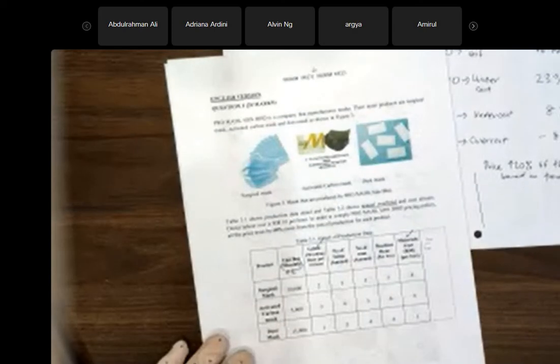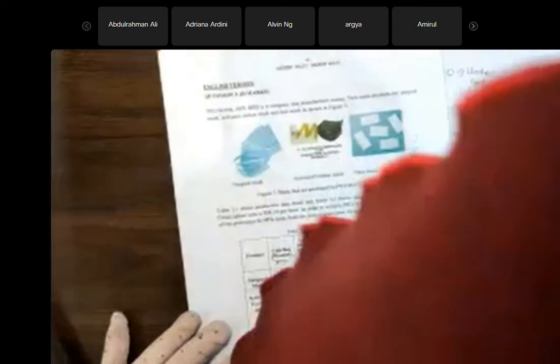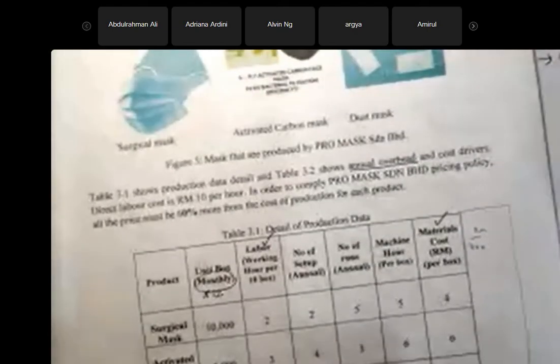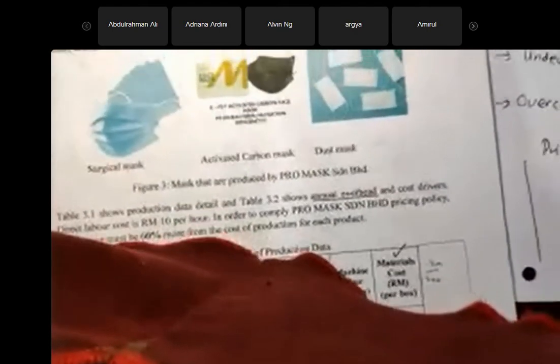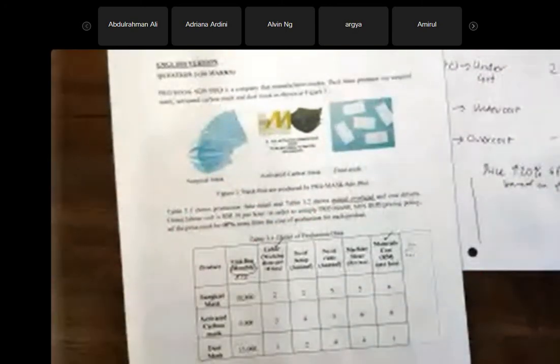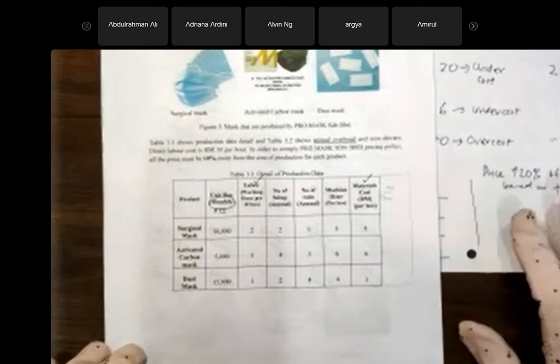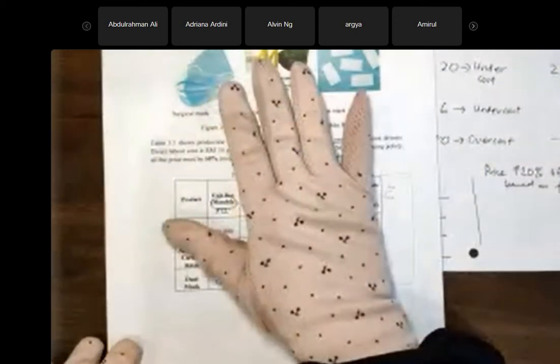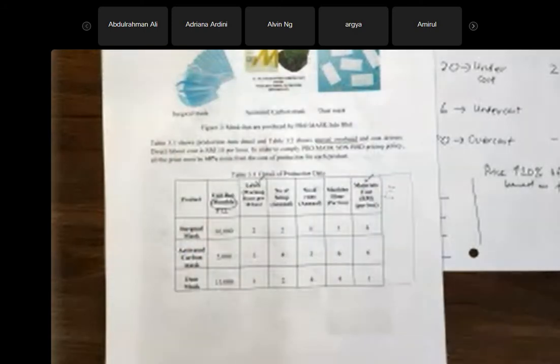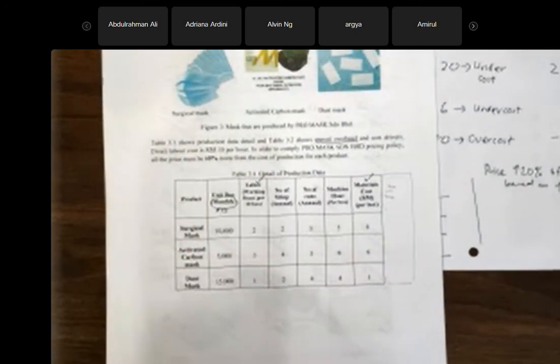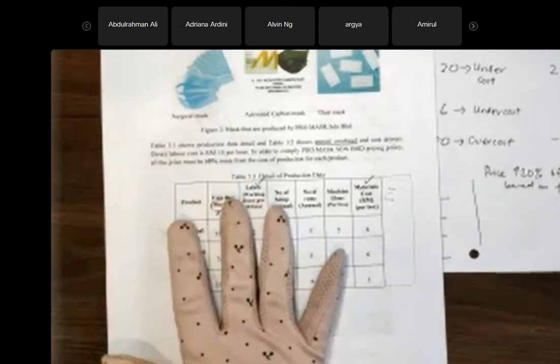Yeah. Cari. Tak accurate dia punya ni pesan ni.